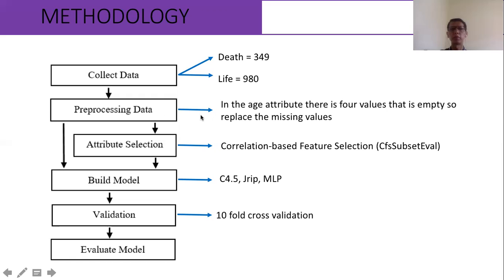For pre-processing data, we found missing values in some attributes. There were four values that were empty, so we replaced the missing values. For attribute selection, we use correlation-based feature selection.